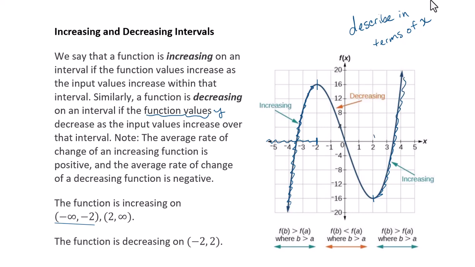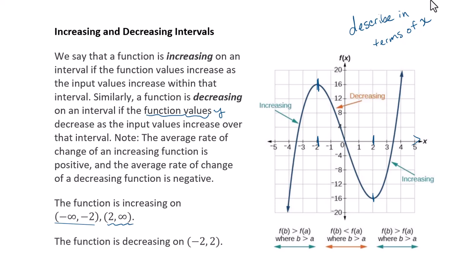So we're increasing from an x value of 2 on. So there we go, our second interval. Where are we decreasing? Well, we're going to be decreasing from this x value to this x value. So we're decreasing on negative 2 to 2.